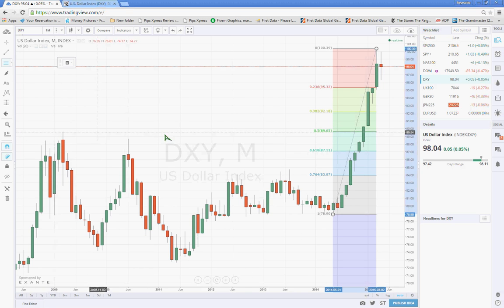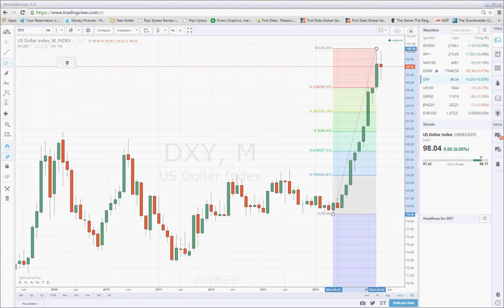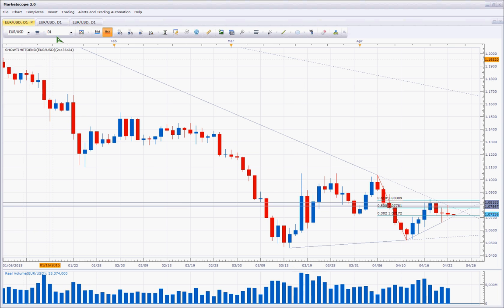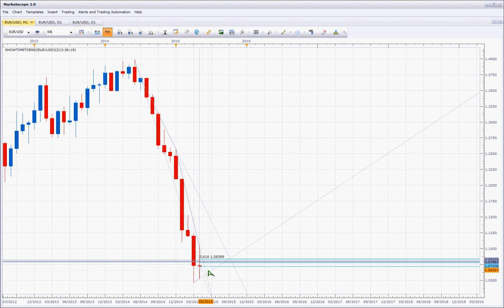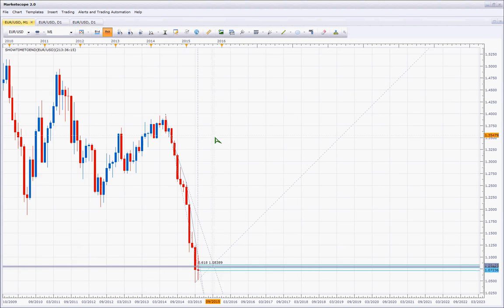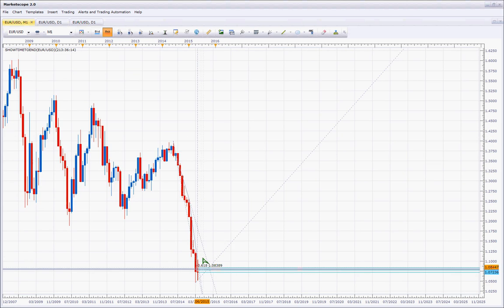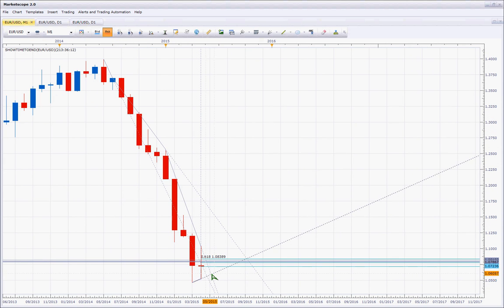Then that also means to me that the euro, based on the monthly, it's time for it to correct as well. After how many months? So you have a doji, you have a potential morning star next month to create a correction from top to bottom all the way to 118.